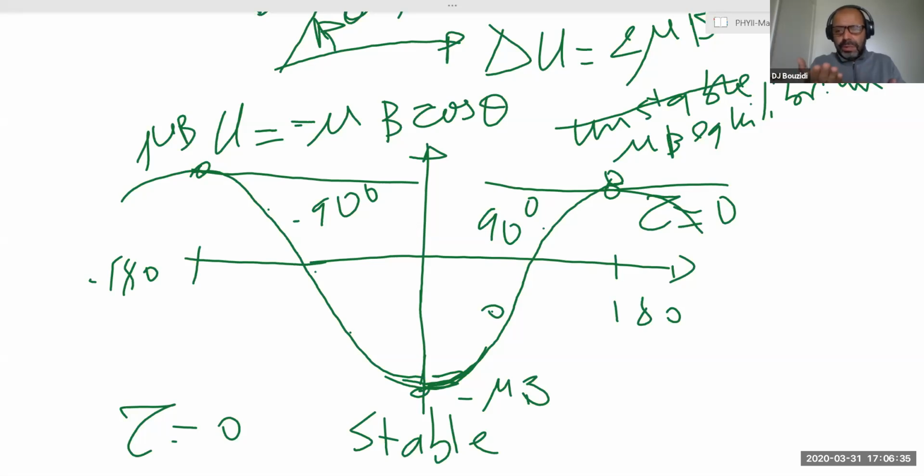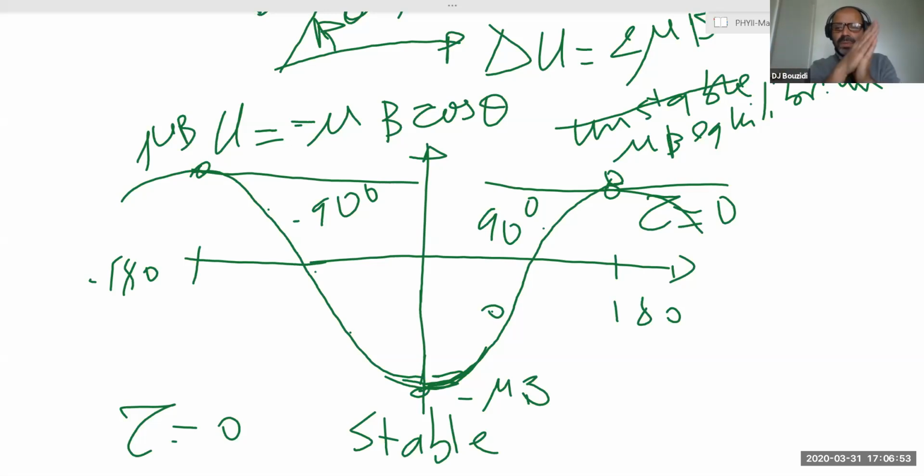But if you put it at the 180-degree angle, it's going to stay there as long as there is no slight shaking anywhere. But with a slight shake anywhere, it's going to flip and go back to 0 degrees.